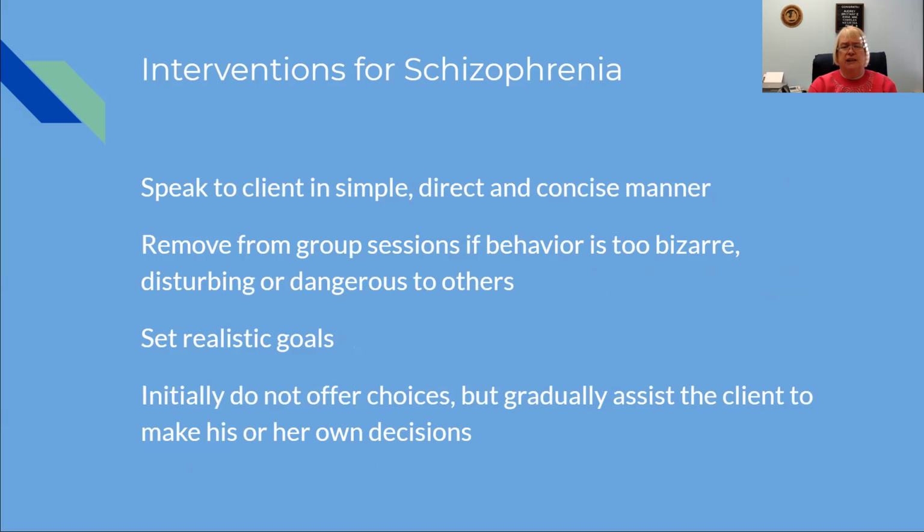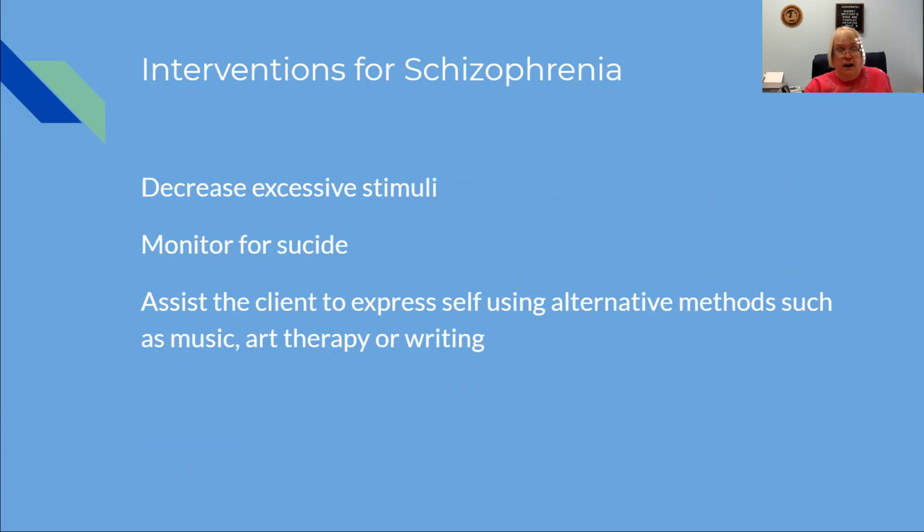And then initially, I'm not going to offer to let them make choices, but gradually I'm going to assist them to make their own choices, their own decisions. And then lastly, I'm going to decrease the excessive stimuli. And I've already said, if that means removing the stimuli from the environment they're in right now, then do so.